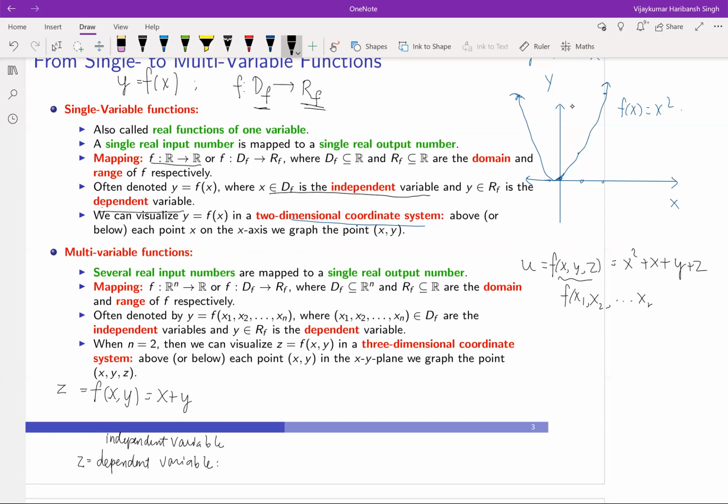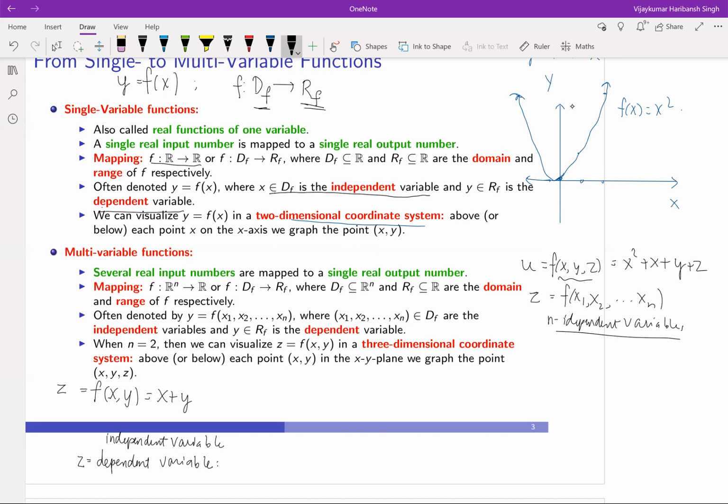So we'll use a different notation. There are variables 1, 2, 3. This is a function of n variables. There are n independent variables here, and one dependent variable on it.